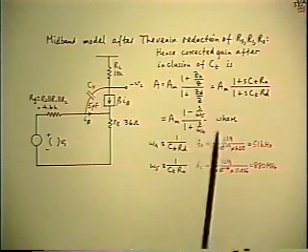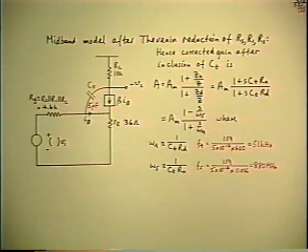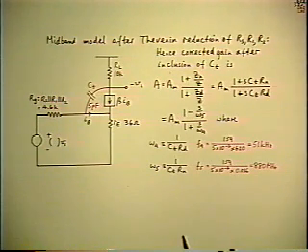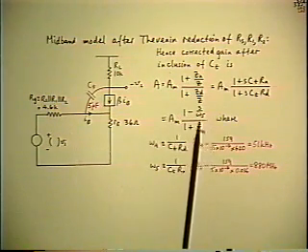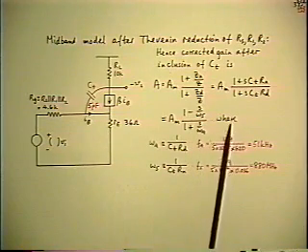Now, this is why I wanted to do the solution of that example earlier on before we got to this. This is a case where a right half plane 0 shows up in an actual circuit.